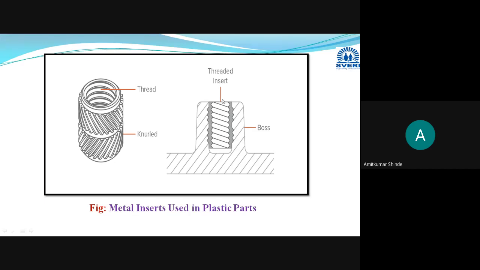With the help of that, it is fitted in this boss, and the internal threading will help to use a screw to join the other parts. So this is the metal insert used in the plastic part. Let's draw this diagram.